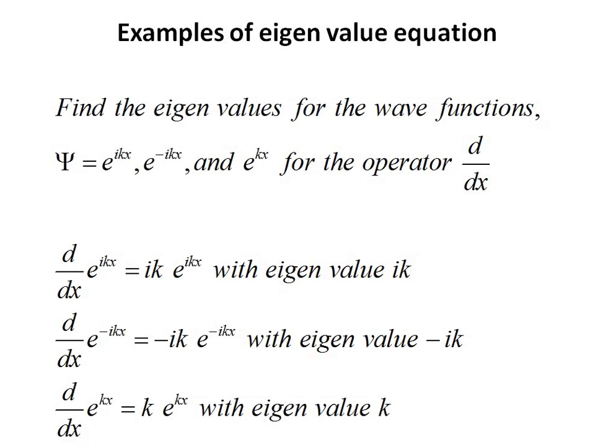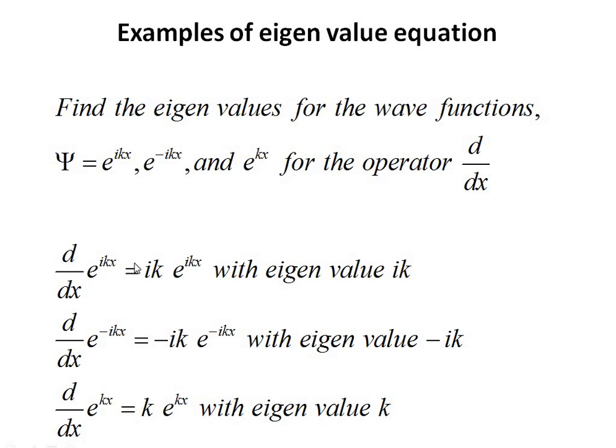So let's discuss some examples of eigenvalue equations. Consider the first wave function, psi is equal to e raised to ikx. For this wave function, consider the operator d by dx. The operator d by dx acts on the wave function e raised to ikx and gives the same eigenfunction or same wave function. Therefore we can say e raised to ikx is an eigenfunction, and here ik is the eigenvalue.